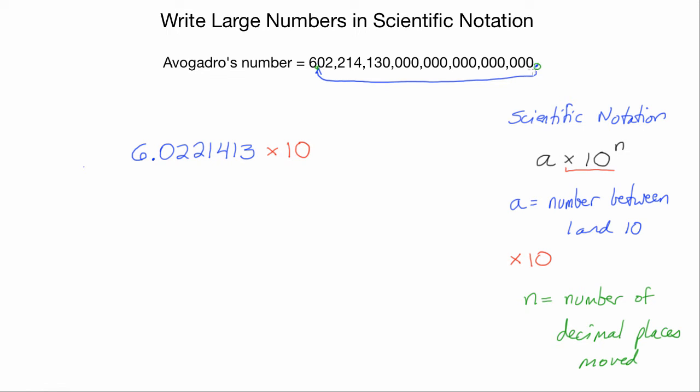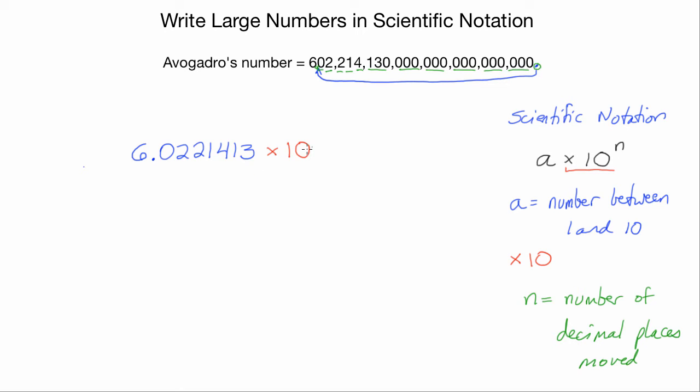So how many decimal places? Well, it's 3, 6, 9, 12, just counting digits, 15, 18, 19, 20, 21, 22, 23. We moved it 23 place values.